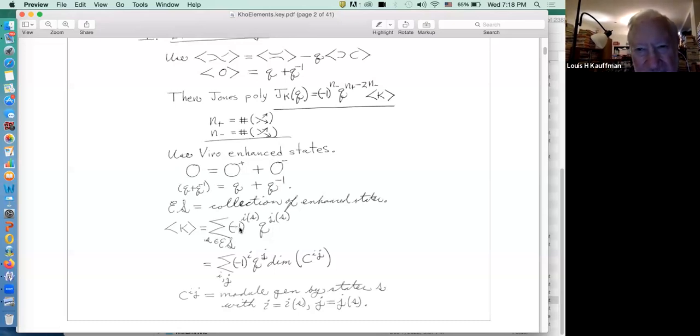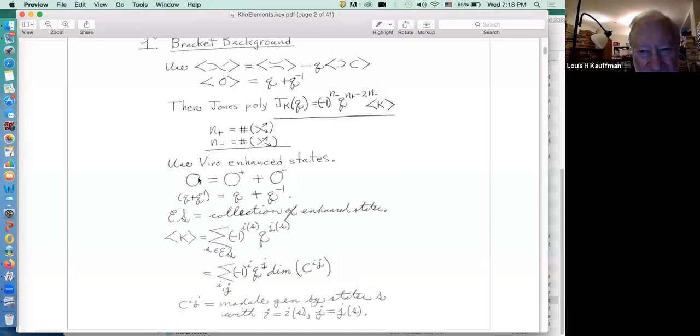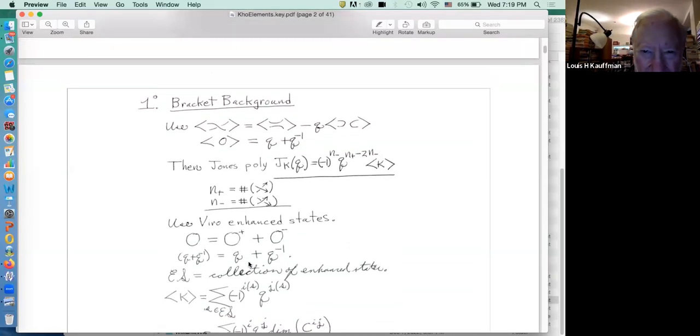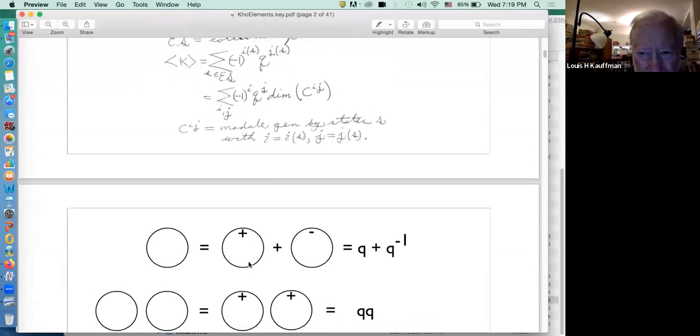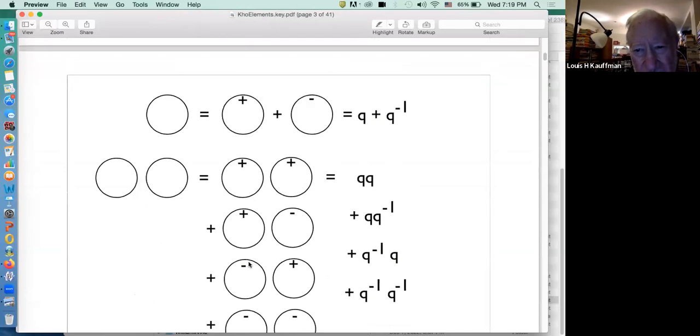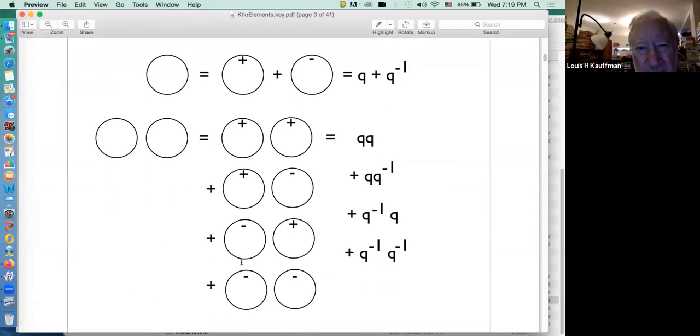And you can then count. Let's consider this one, for example. First of all, suppose I had 2 loops. Then here's the list of all the enhanced states. And you see I get Q squared, Q inverse, Q inverse Q, and Q inverse Q inverse.